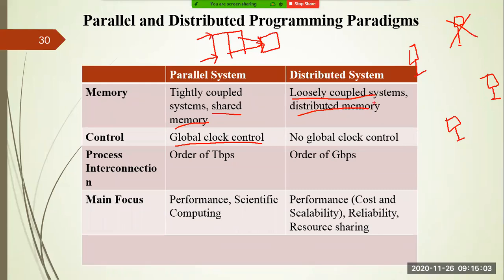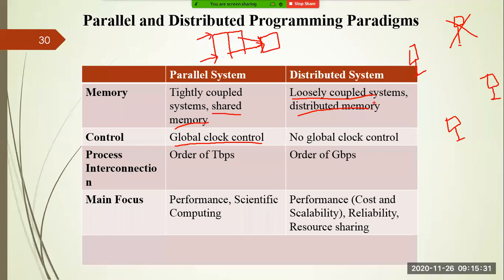Tomorrow you require 20 resources, it is available. So that flexibility is there in the distributed system, but not in the parallel system. That's why if you go for advanced computing, they are more or less distributed systems. Although there is parallelism in the distributed system, they rely on the distributed system because the things will be available all over the world, not in a particular location.